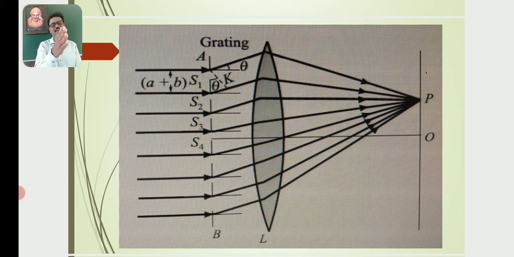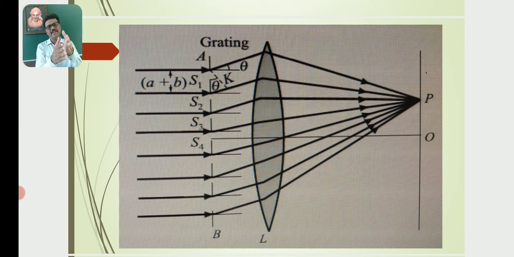Further, the plane wavefront is made to be incident on a section of the grating, say AB, where the incident parallel wavefront undergoes diffraction. Every point in that portion AB produces secondary disturbances, so-called secondary wavelets.